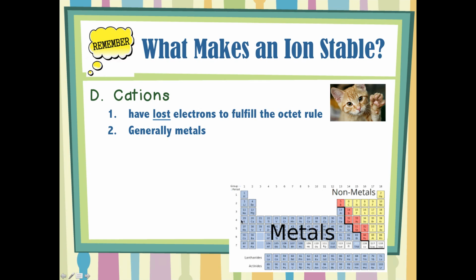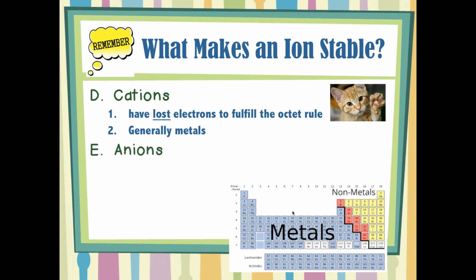So they're going to be more likely to want to get rid of these levels, like an s2 probably, because if they get rid of that, their next level down likely will be full. So because they're on this side of the periodic table, it's just their s's that are filled. Then if they get rid of that s sublevel, they'll be like the noble gases. So this is why metals are more likely to be positive.